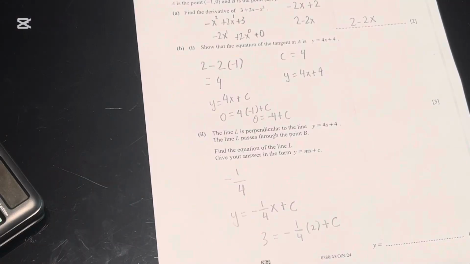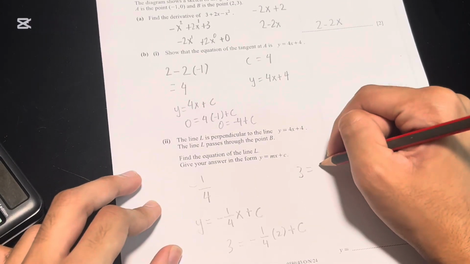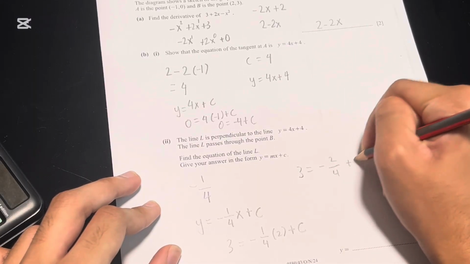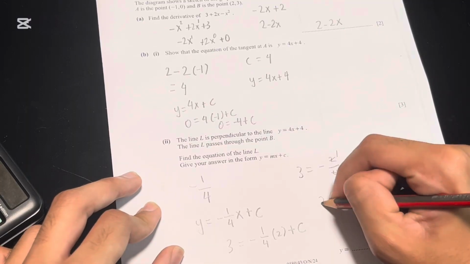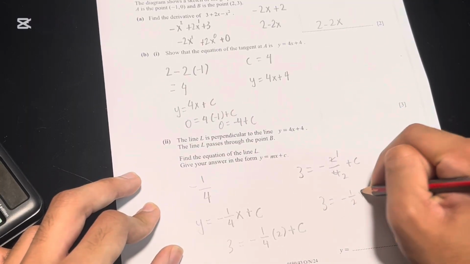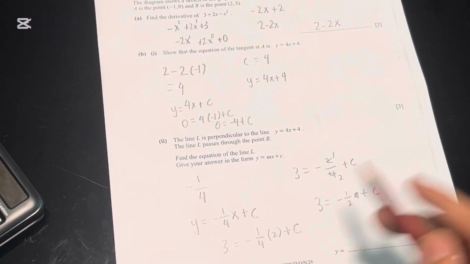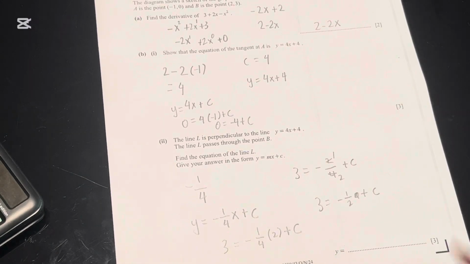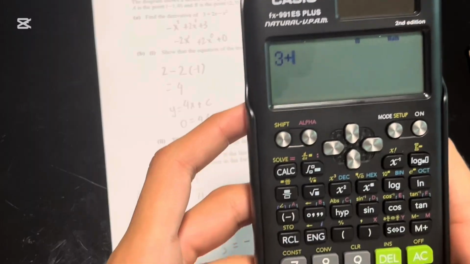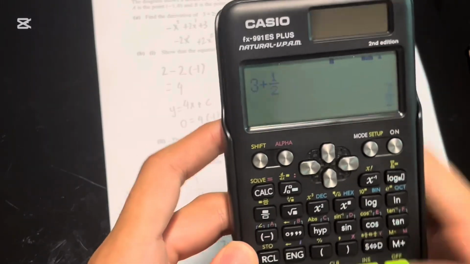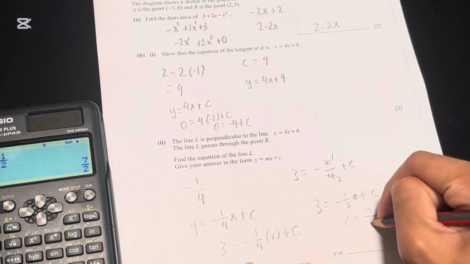Now this is just an equation to solve. 3 equals minus 2/4 plus c. We can simplify this fraction to negative 1/2. So 3 equals negative 1/2 plus c. To get c on its own, we add 1/2 on both sides. So 3 plus 1/2 is 7/2, so c equals 7/2.